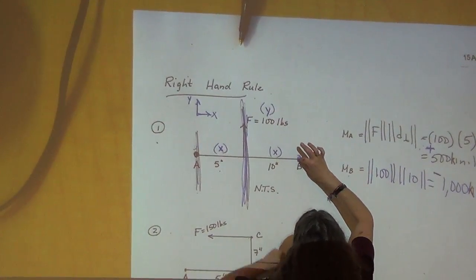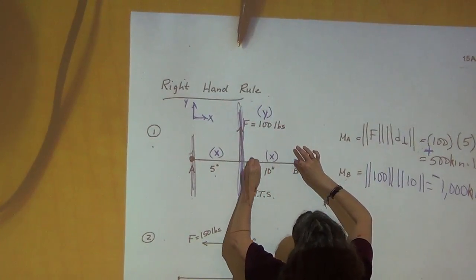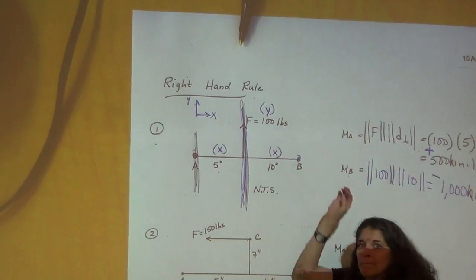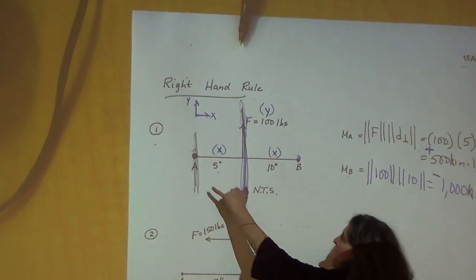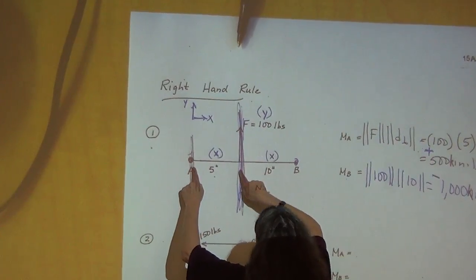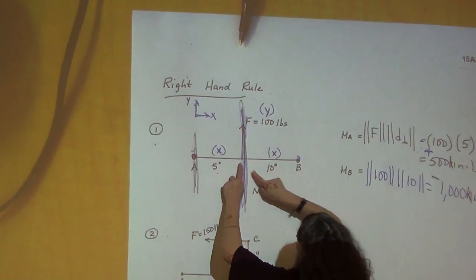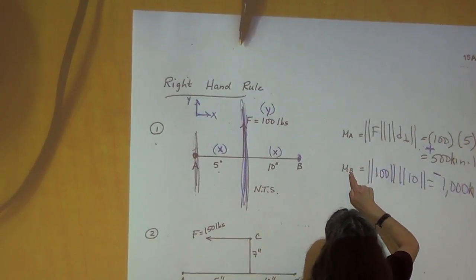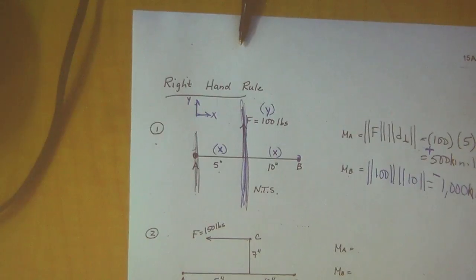If I put a pin in here, tied a little piece of string to the force, it's spinning this way. The 5 is the perpendicular distance between the force in question and the point I want to find my moment about. Okay, do the next one.